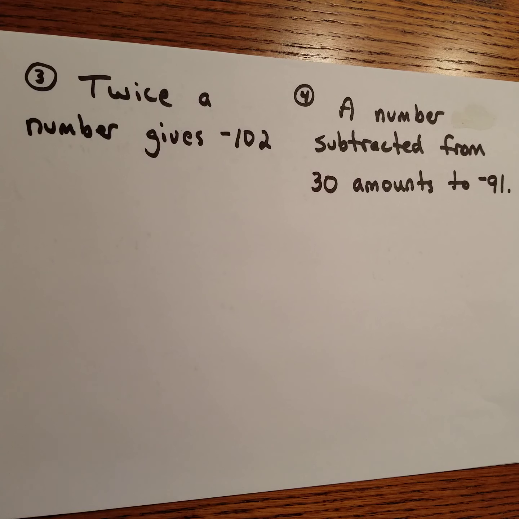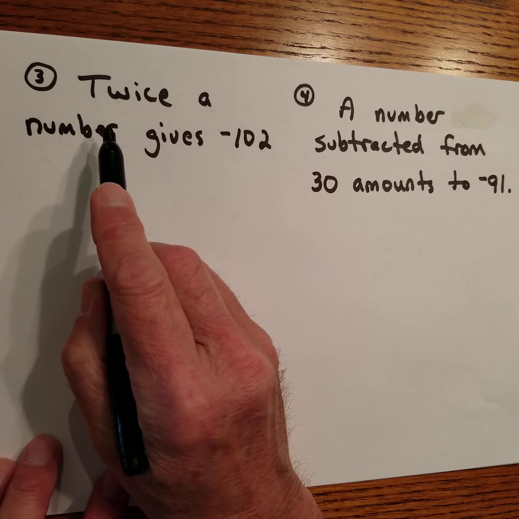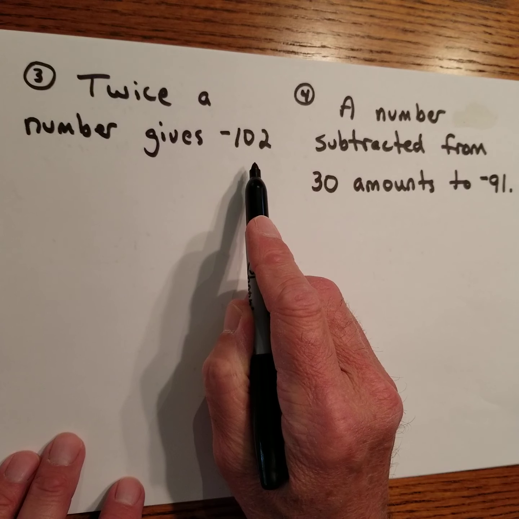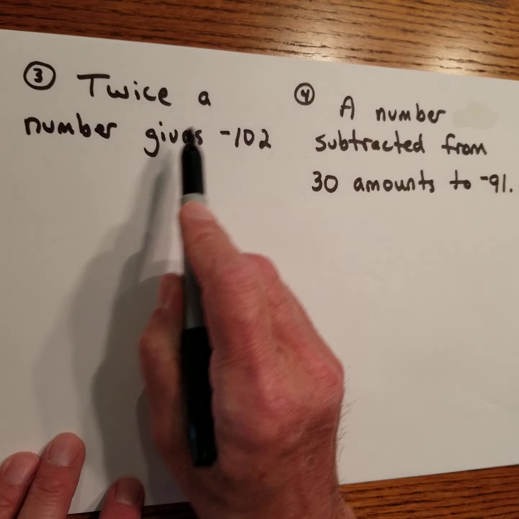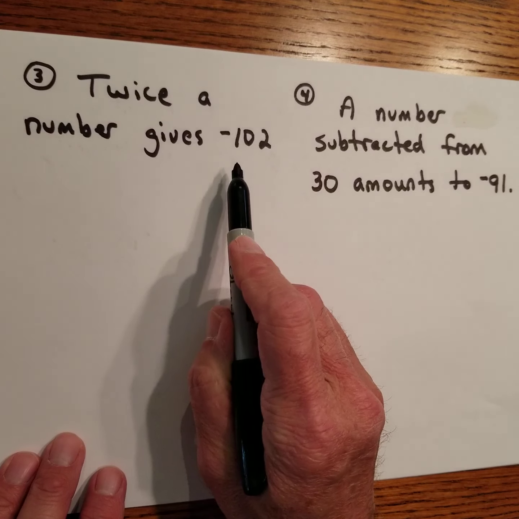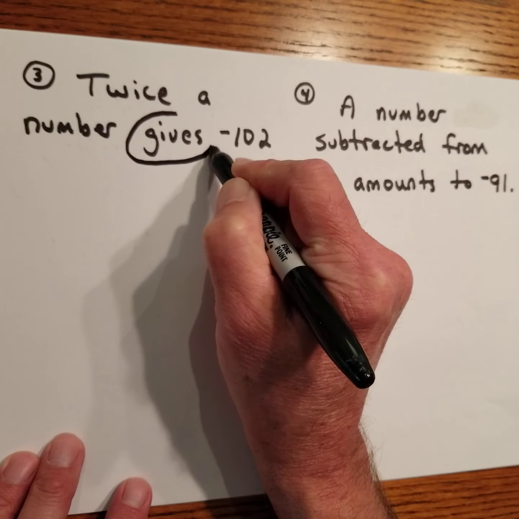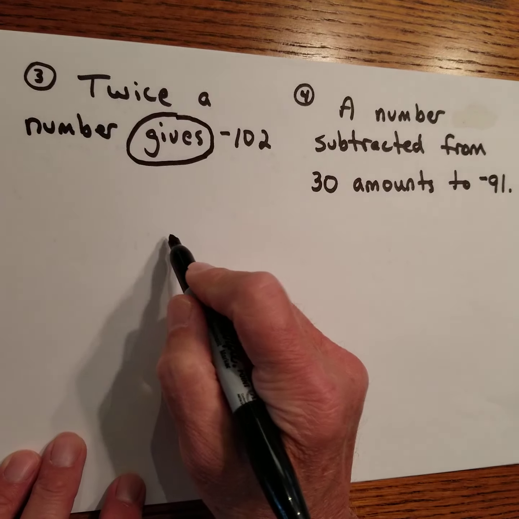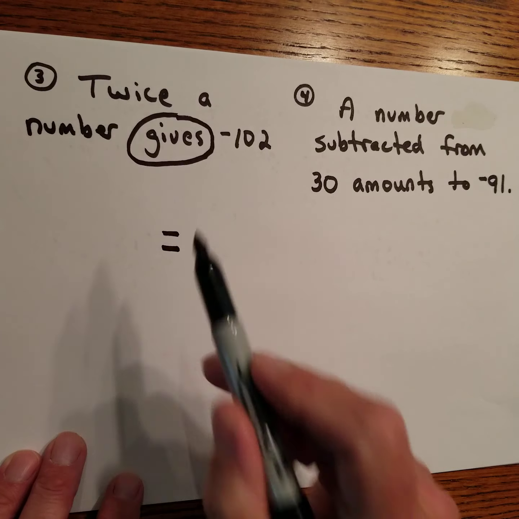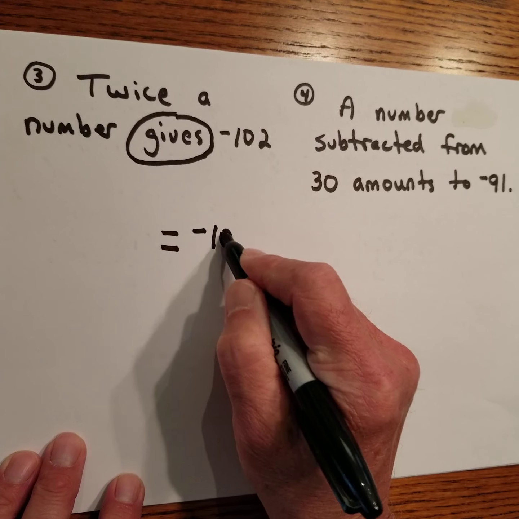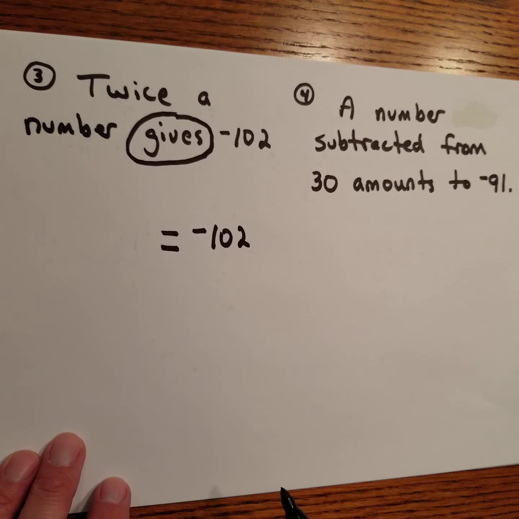Here comes number 3. Twice a number gives negative 102. Scan through that problem and where's my equal sign? There's another new word for equals: gives. Equals. What's the only thing that comes after the equal sign? Negative 102.